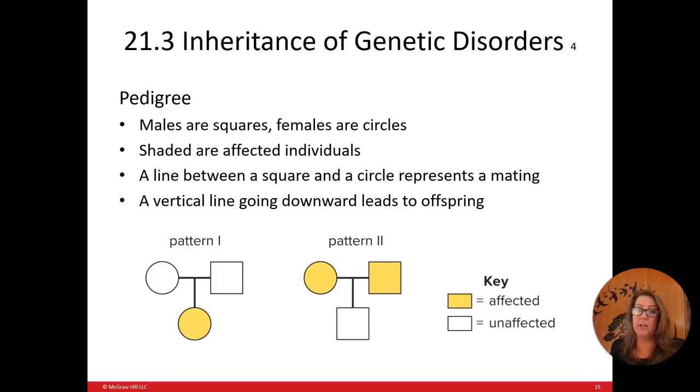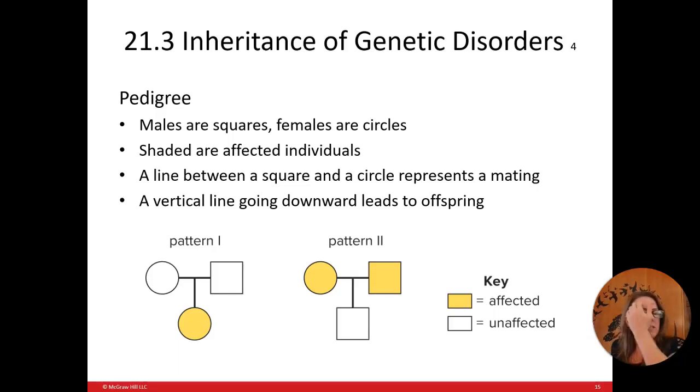So pattern 1 on the left of this figure shows us that the male and female, neither one of them has the disorder, but they have a child that has it. That's going to tell you, oh, this seems a lot more like two freckled individuals having a child with no freckles. So this would be autosomal recessive. Pattern 2, both parents are affected, but they have an unaffected child.